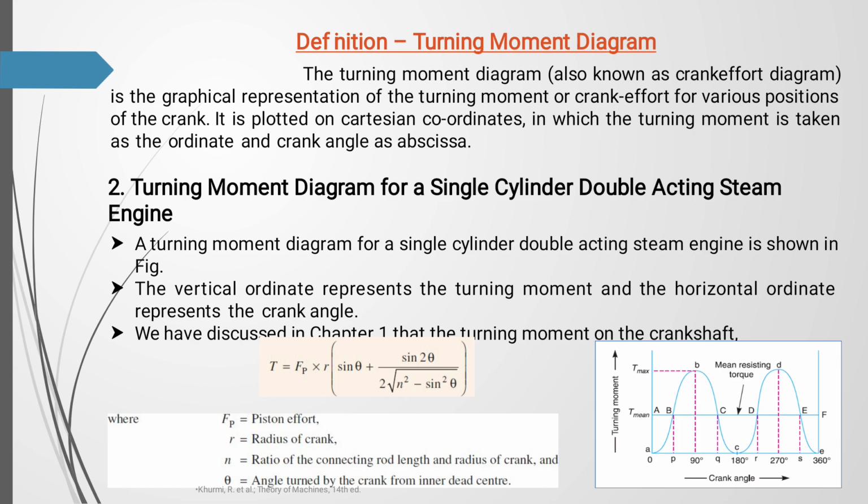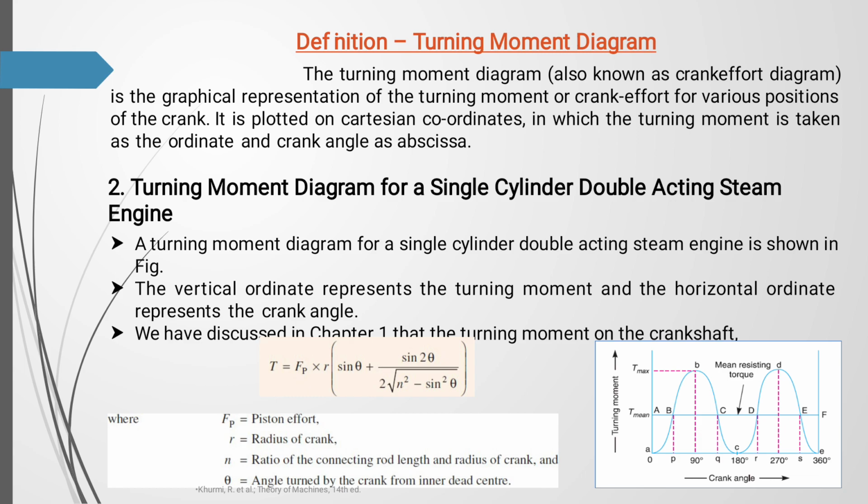Listen, the turning moment diagram for a single cylinder double acting steam engine. First, how can this be constructed? In this diagram, you can see that for a double acting steam engine, the forward and reverse strokes of the piston are each exactly 180 degrees.